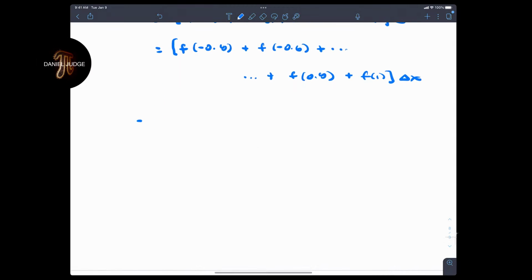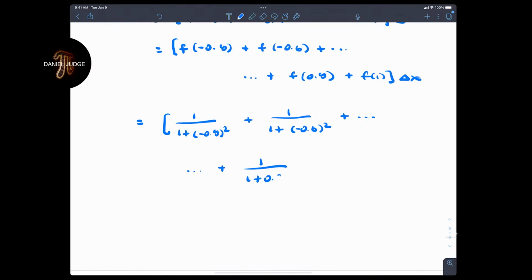So you're going to go through the same pattern here. 1 over 1 plus negative 0.8 squared plus 1 over 1 plus negative 0.6 squared, 1 over 1 plus 0.8 squared, and then 1 over 1 plus 1 squared.